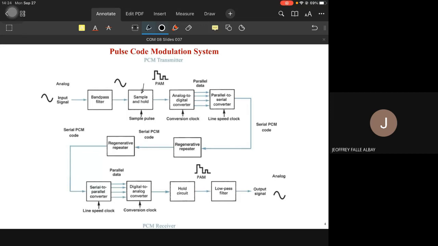So starting from this point up to this point is our transmission medium. It could be, again, metallic cable or fiber optic, with regenerative repeaters. Okay? So there is no need for amplifiers, only repeaters.